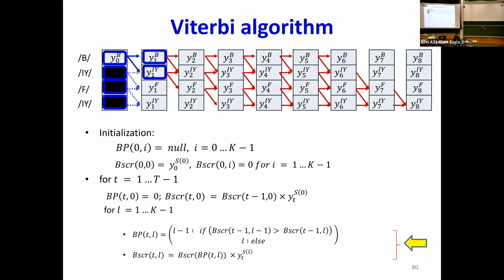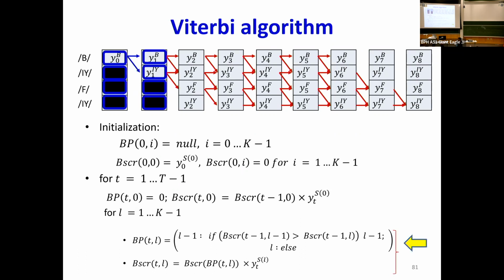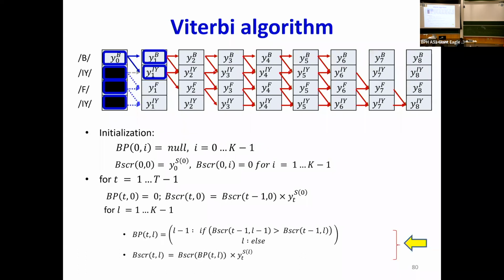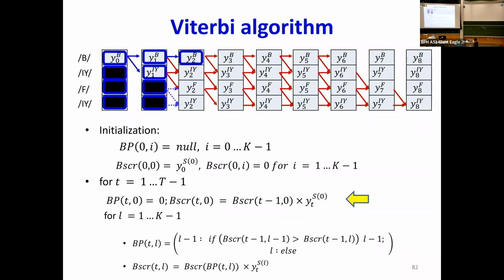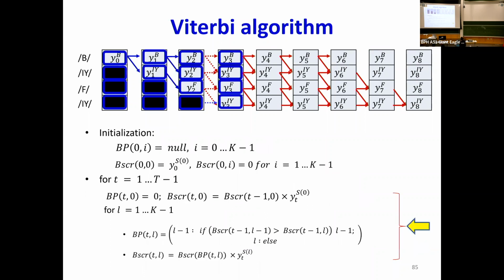I can do this for all of the nodes in my column. And I can keep doing this left to right. Because the first three boxes all have 0 probability, you'll find that the last two boxes in the second column, regardless of which parent you choose, are going to have 0 probability, right? But then you can just keep doing this left to right.